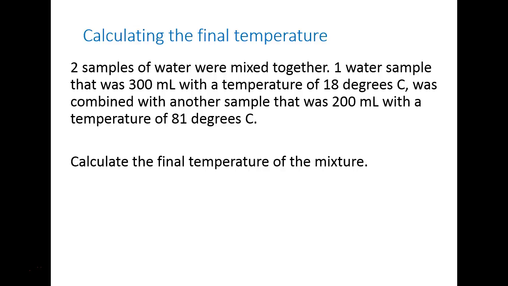What we need to do first is highlight or underline all the key information. So we have 300 ml and 18 degrees Celsius, which is going to be our cold water, and 200 ml with 81 degrees Celsius, which is going to be our hot water.